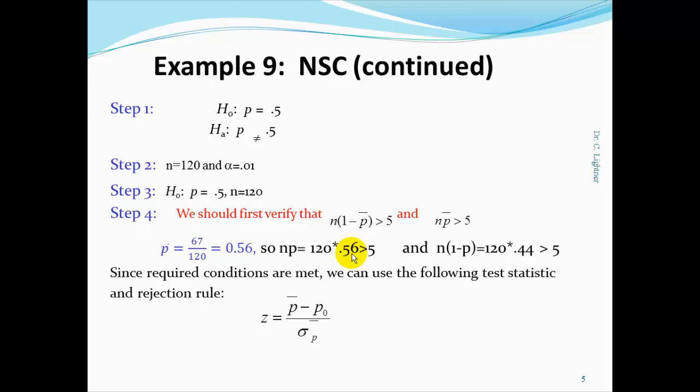And also, you should verify that n, which is 120, times 1 minus p-bar, which is 0.44, because that's 1 minus 0.56, is also greater than 5. Since the required conditions are met, we can use the test statistic and rejection rule that matches our null hypothesis.